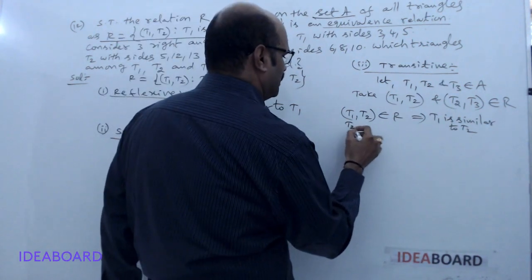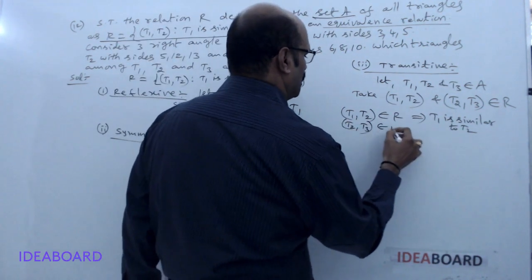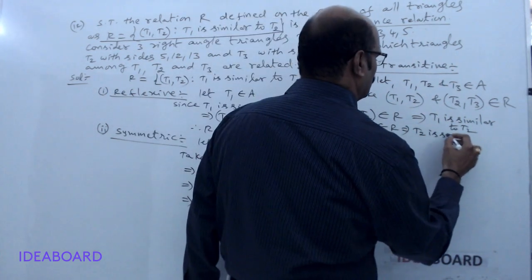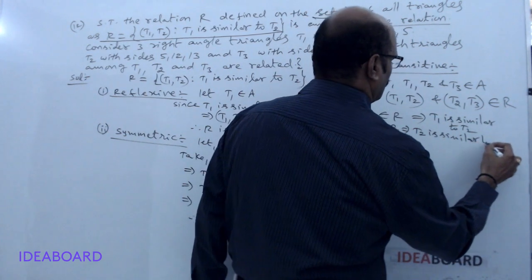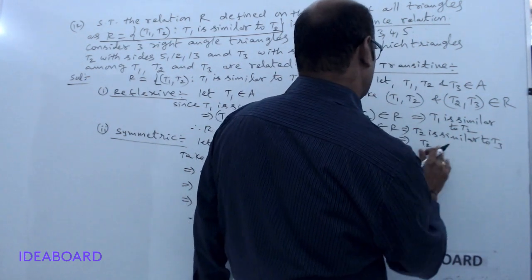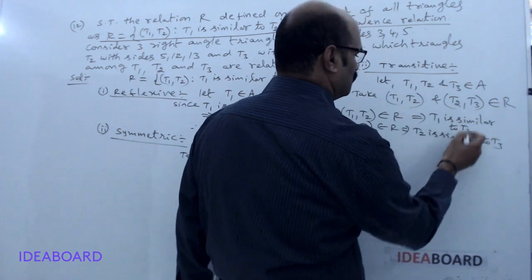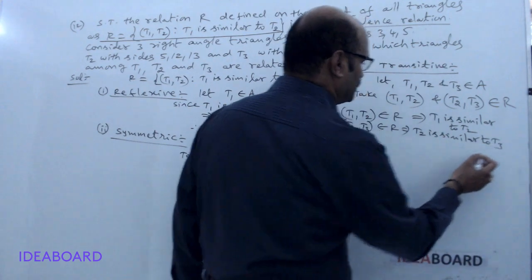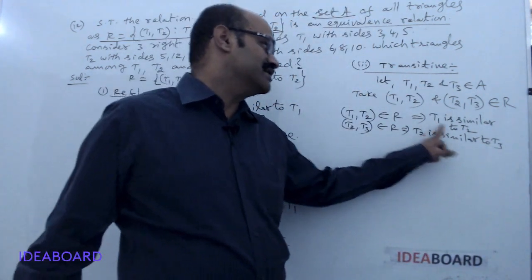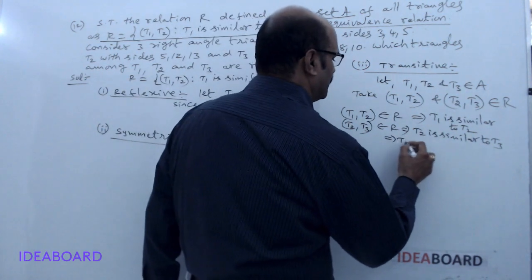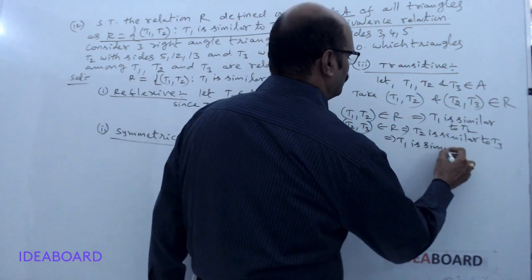(T2, T3) belongs to R. It implies T2 is similar to T3. From these two, since T1 is similar to T2 and T2 is similar to T3, we say that T1 is similar to T3.